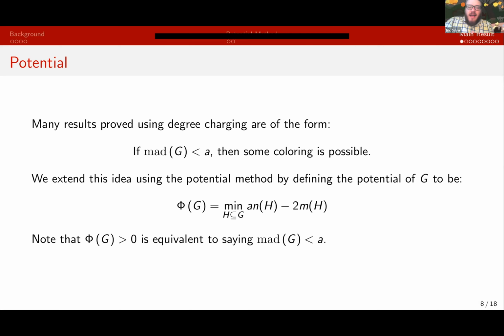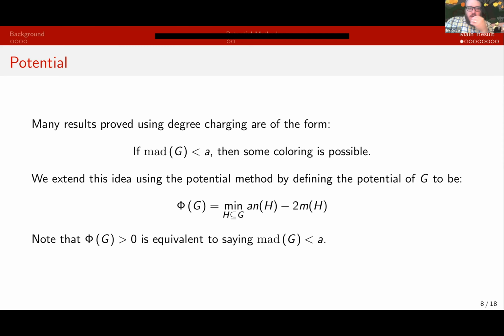And if we define the potential as being the minimum over all the subgraphs of A times the number of vertices minus 2 times the number of edges in that subgraph, then saying the potential is positive is equivalent to this maximum average degree bound of A.